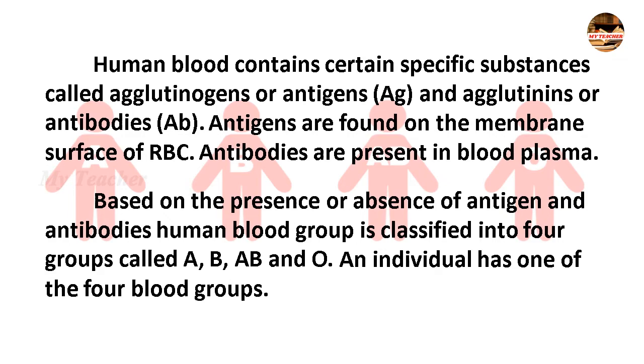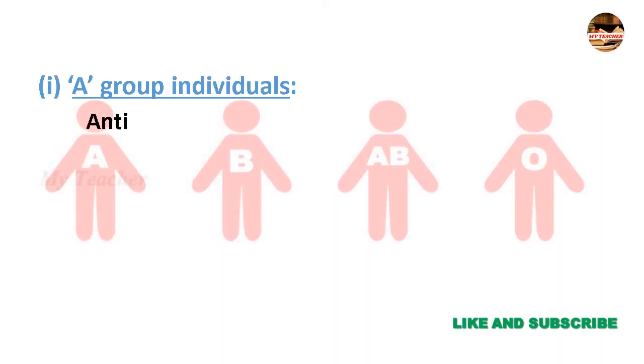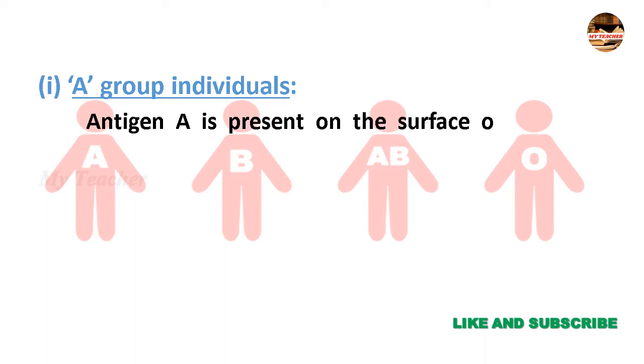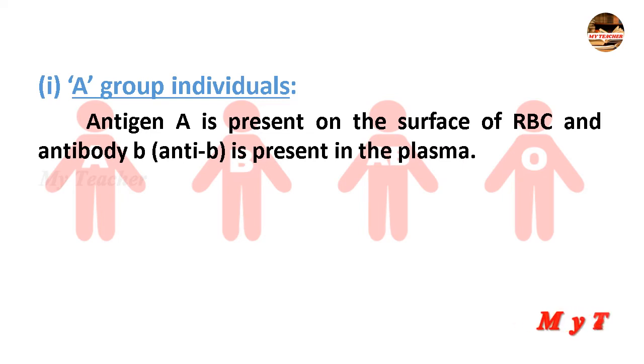A group individuals: antigen A is present on the surface of RBC and antibody B, or anti-B, is present in the plasma.